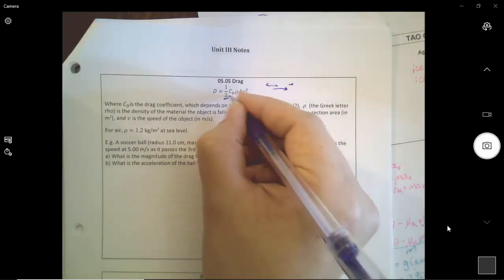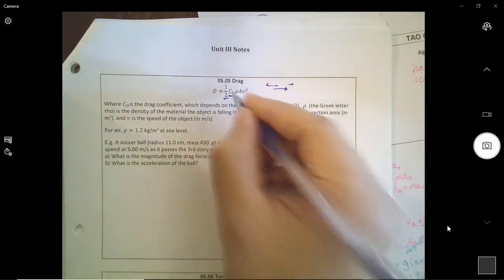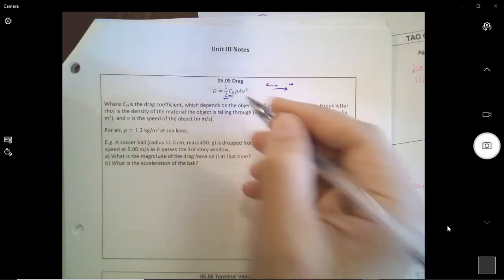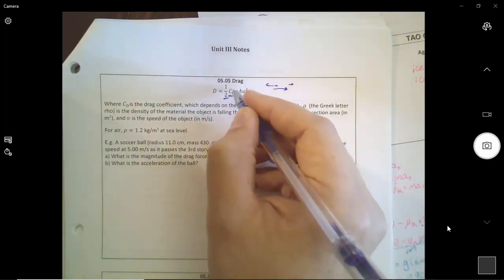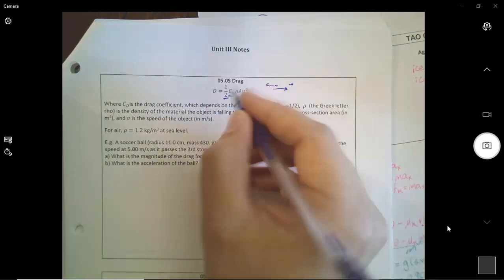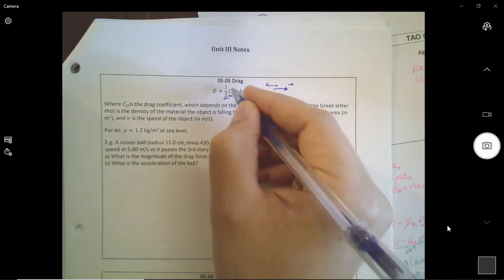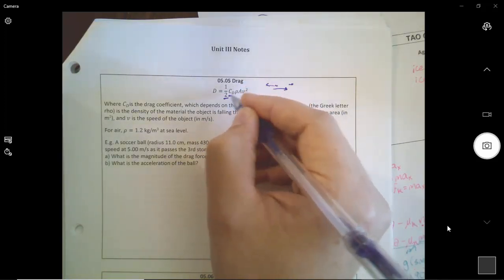The second is the drag coefficient, CD. This is a term that depends on the geometry of the object that's going through the air or gas. And it can vary depending basically upon its aerodynamics. So if you have a very aerodynamic shape, this will be a smaller value, closer to 0.